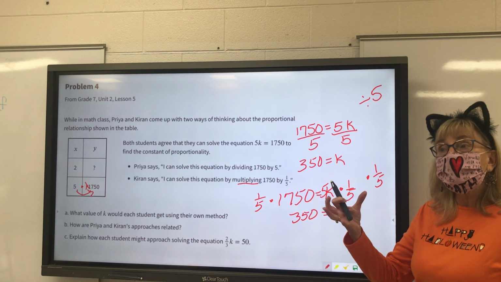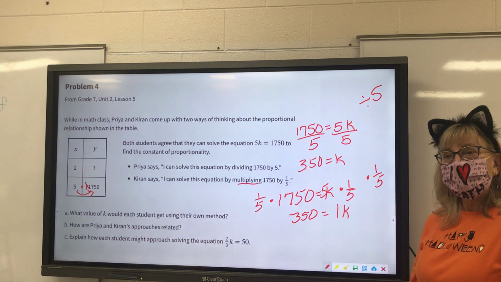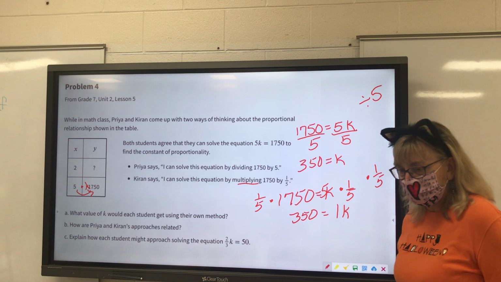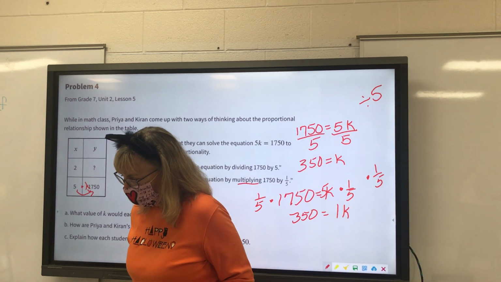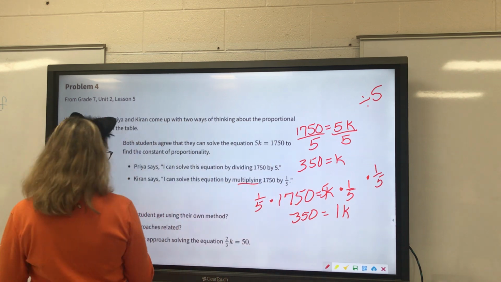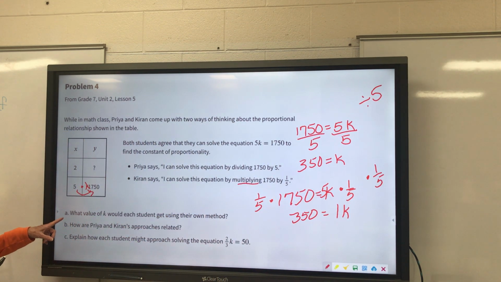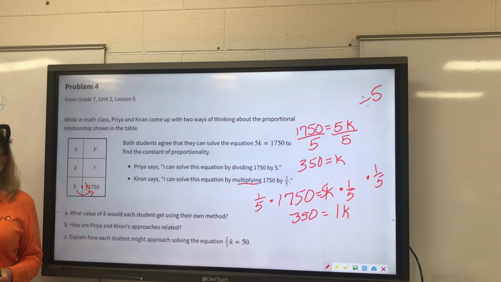And they're using the reciprocal. Does that make sense? So what value did they get? They both got 350. So the constant of proportionality is 350. How are the approaches related? They're reciprocals of each other.